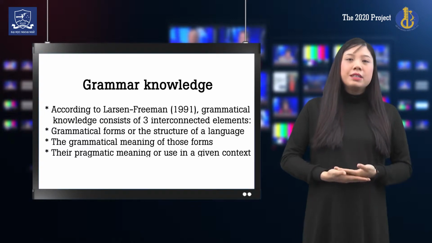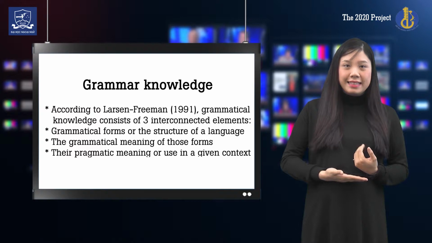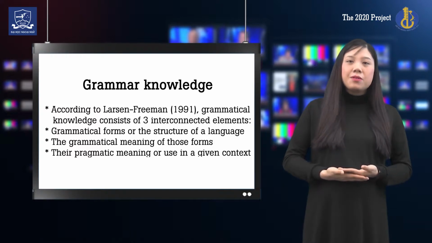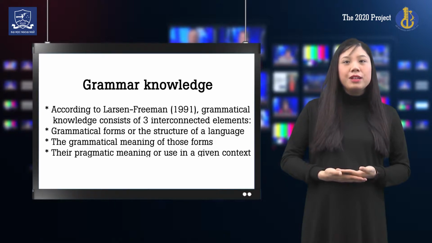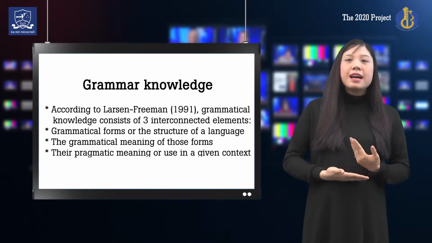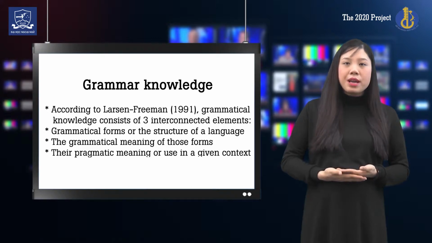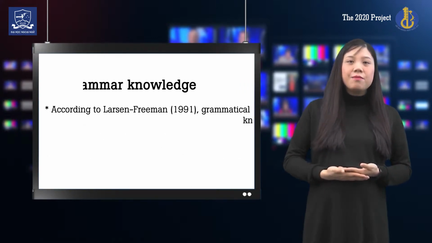Two, grammatical meaning consists of both the literal and intended message that is conveyed by the form. It is concerned with the meaningfulness of the language used. And three, the pragmatics, or implied meaning, results from the appropriate language choice a learner makes in a given communicative event.